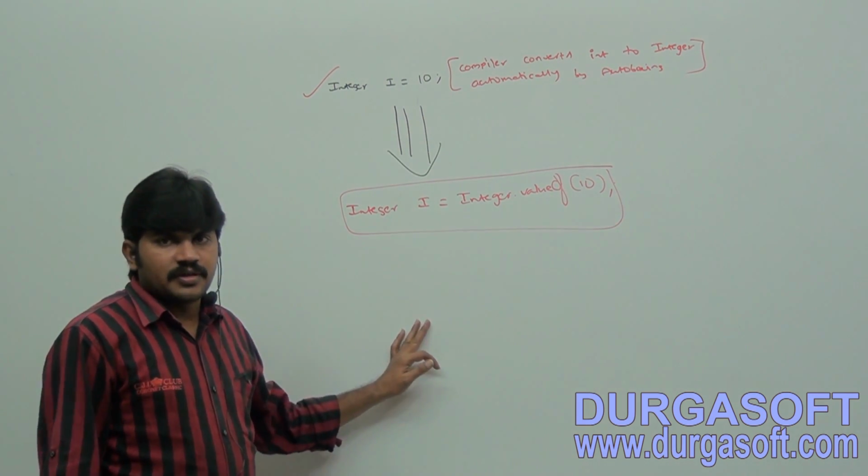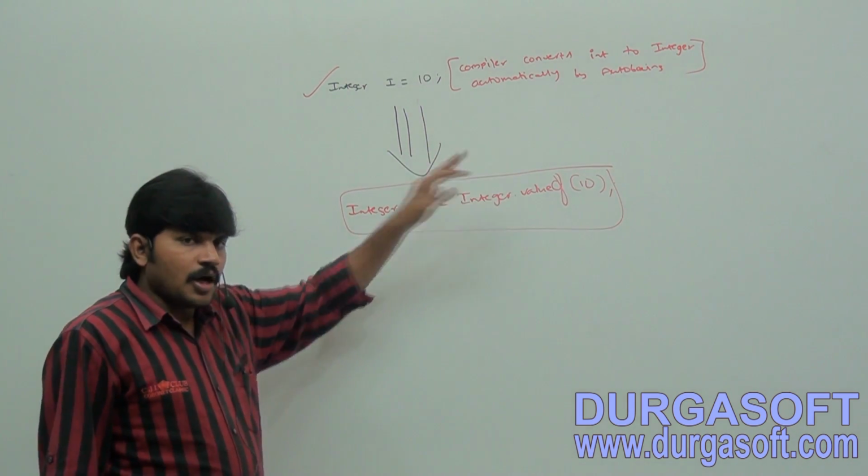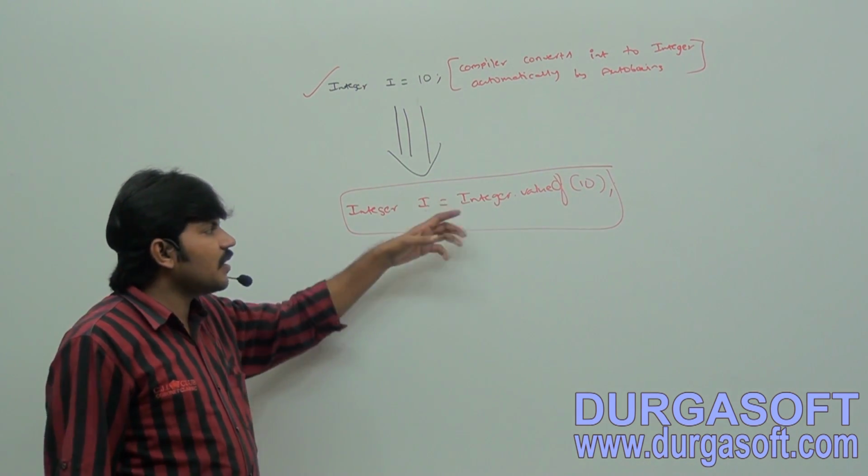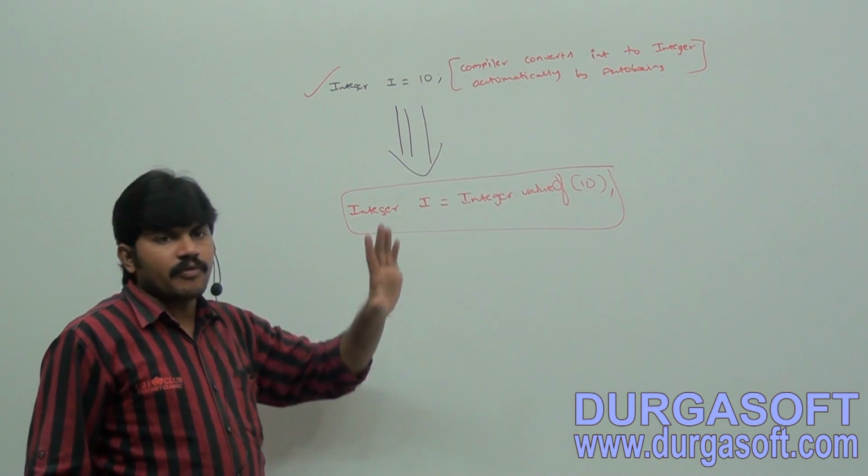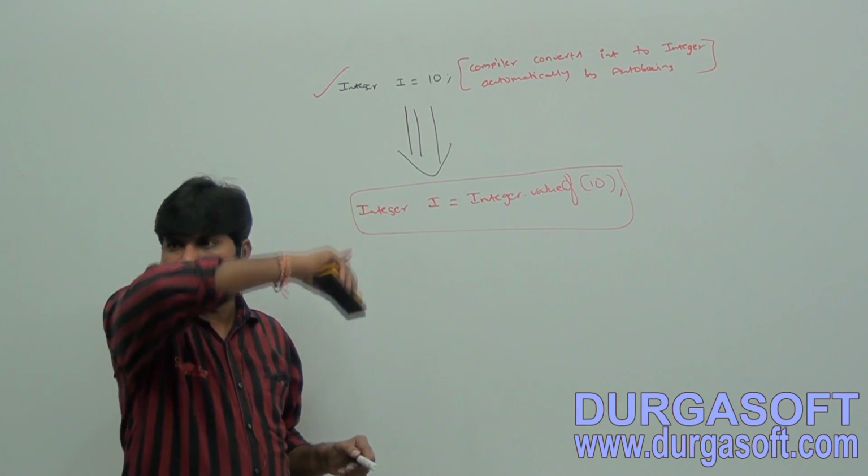Are you getting that? So what is autoboxing, how does the compiler perform it, and how is it internally implemented using valueOf methods? Any doubt on any explanation?